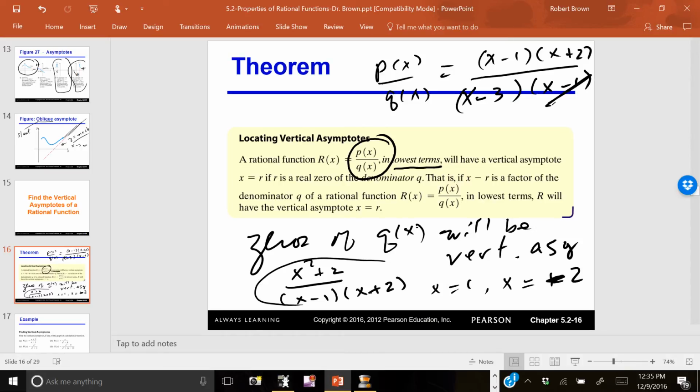Notice you can cancel the x minus 1 in the denominator and numerator. So the only vertical asymptote would be x equal 3. X equal 1 is not. It would be, however, what we call a hole in the graph.